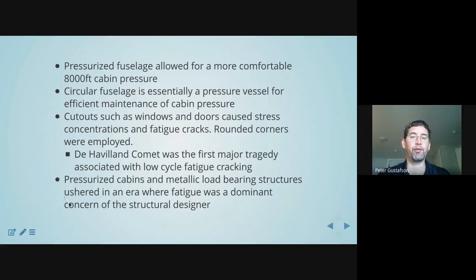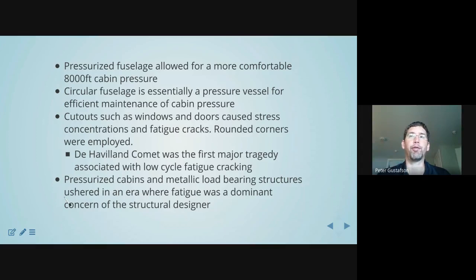Ultimately, these features of the aircraft have meant that, because we are doing exceptionally well on overall structural design, fatigue now has become the dominant concern of the structural aircraft designer.